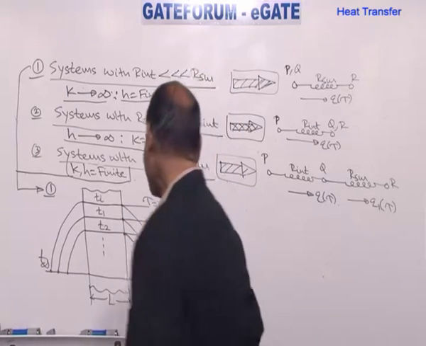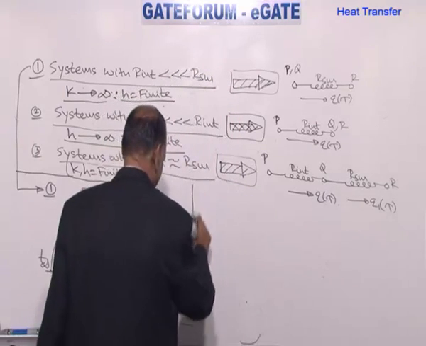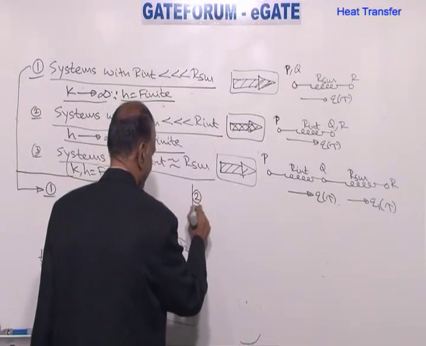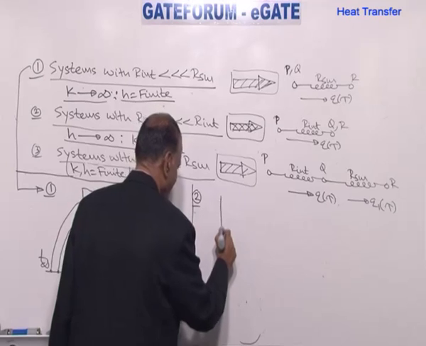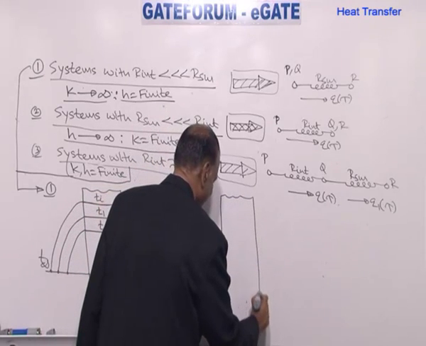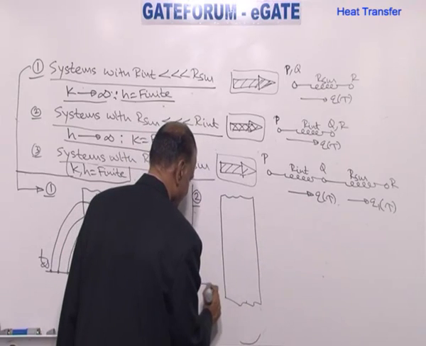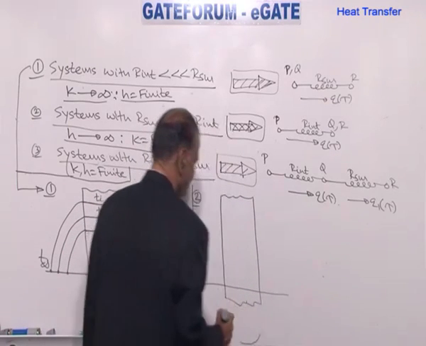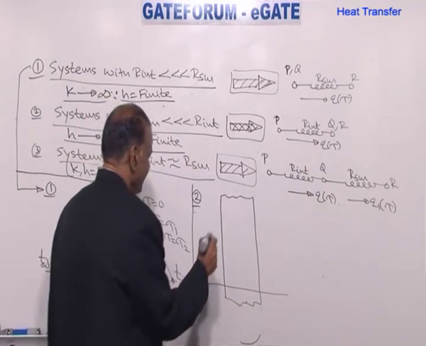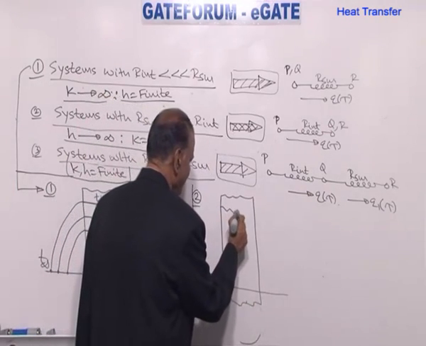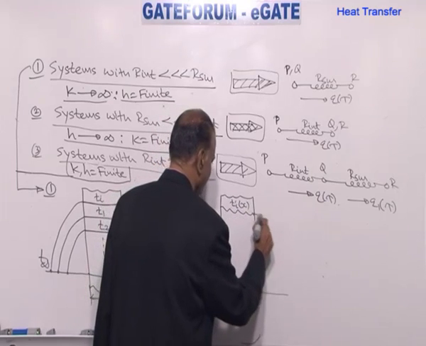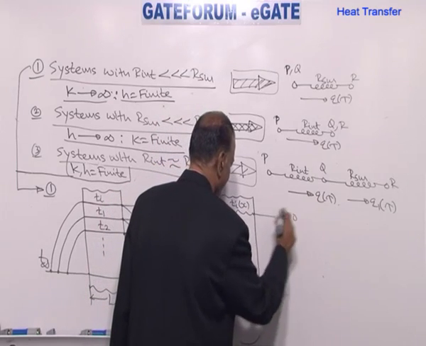If you look at the second category of systems, slightly complicated, again we take a similar plane wall having finite value of K, infinite value of H. Initially temperature is varying as some function of x, at tau equal to 0.